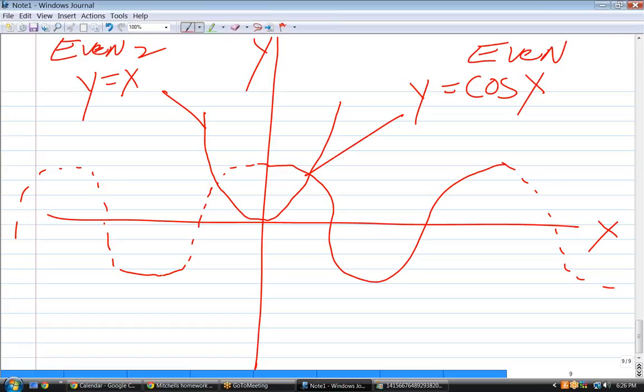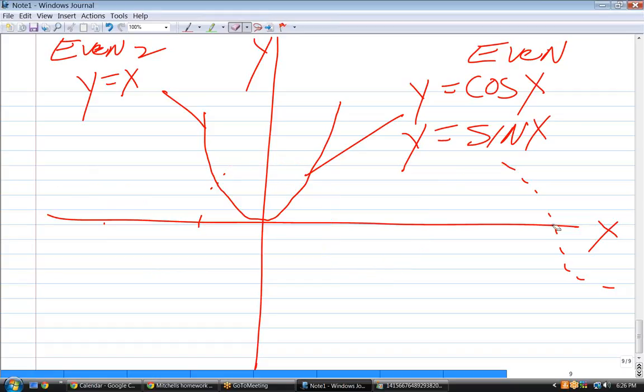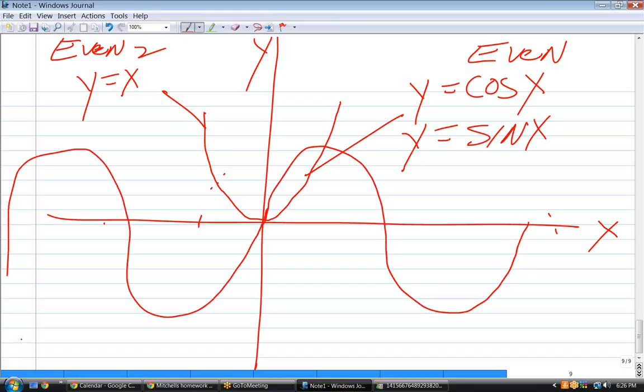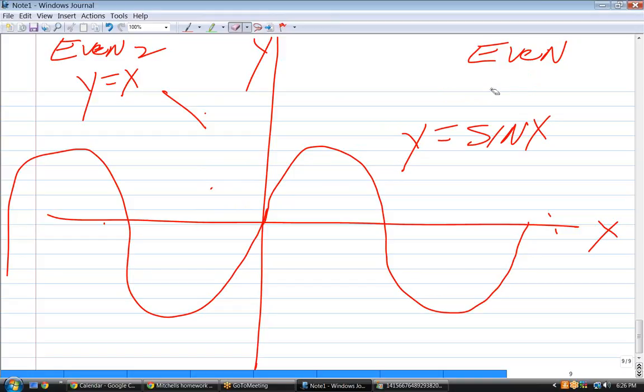That's the way I memorize it. Because sine of x is odd. I know you haven't had trig yet, but you will. You'll get a little bit this year, and you'll get a lot more next. But if I graph the sine function, notice that its symmetry is about the origin.